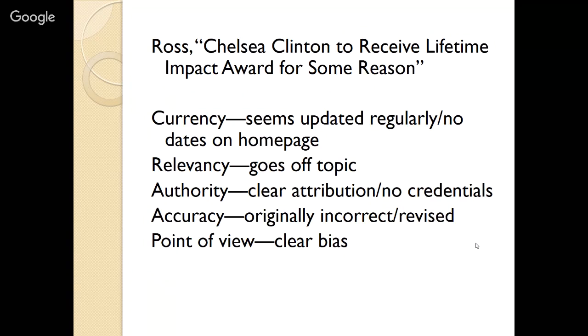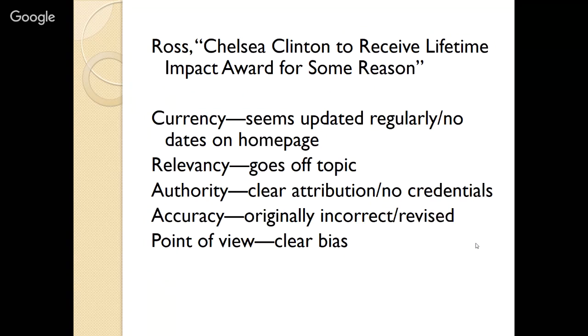The relevancy, as you'll notice in the article, it does go off topic. So it's not just reporting the same information as the previous article, but it goes off topic to explain or question as to why Chelsea Clinton deserves to be recognized.